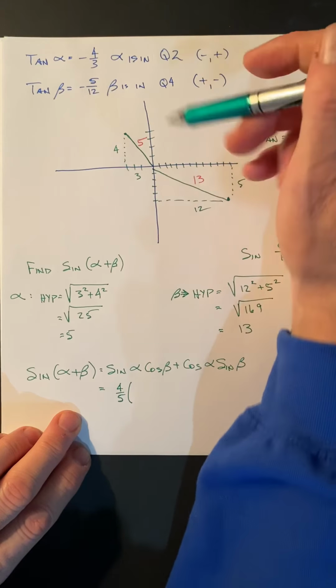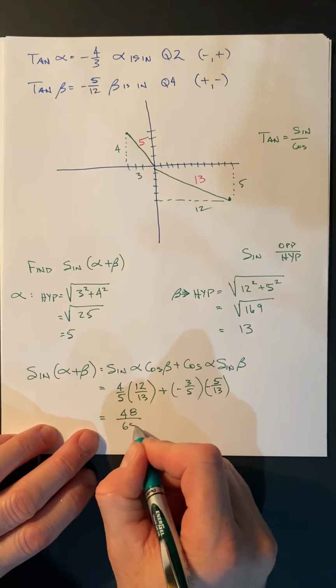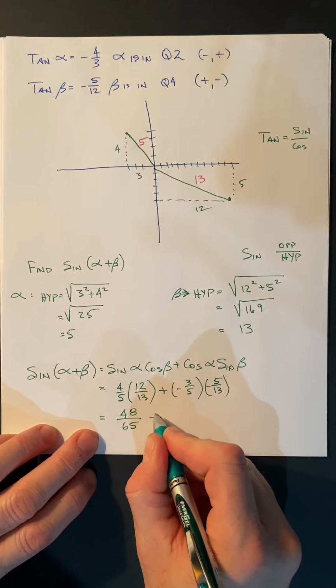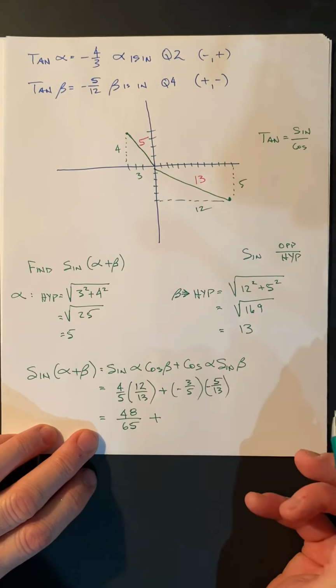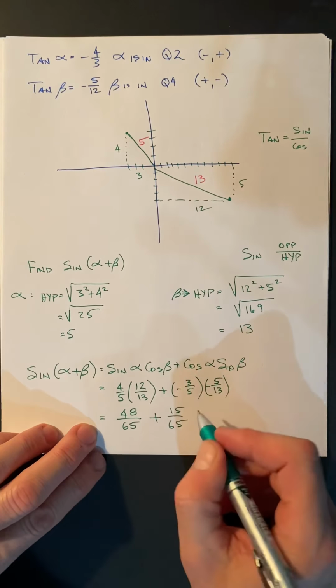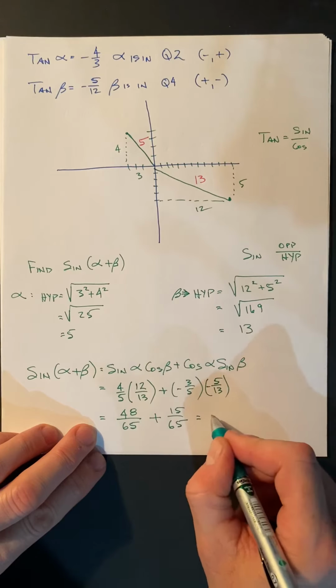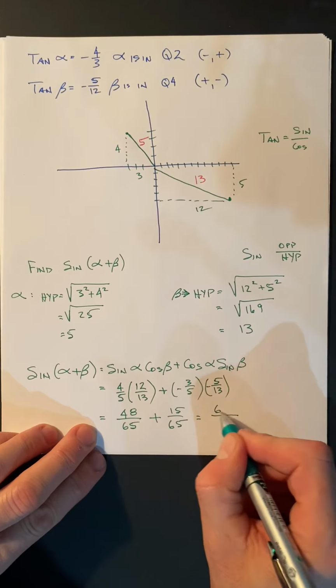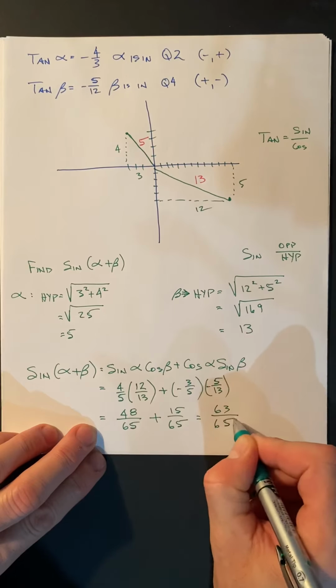I get 48 over, what's that, 65 plus, because 2 minuses cancel, 15 over 65 for an answer of 63 over 65.